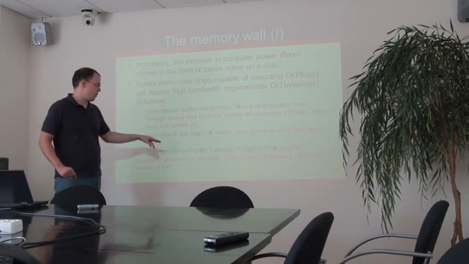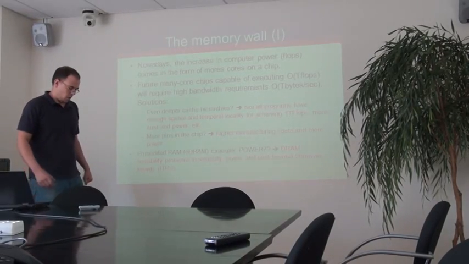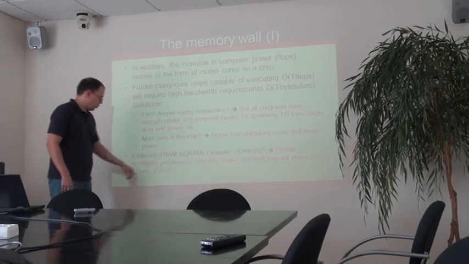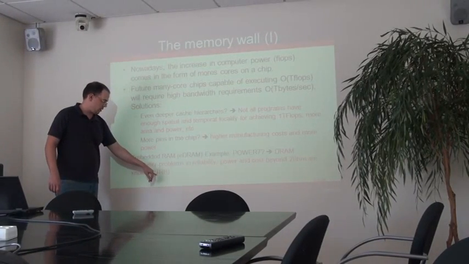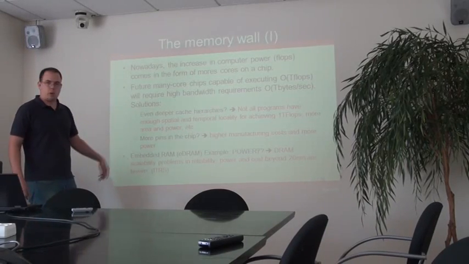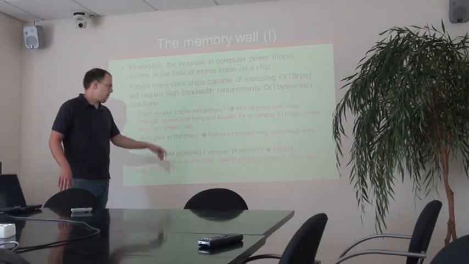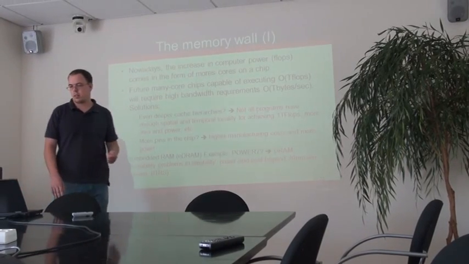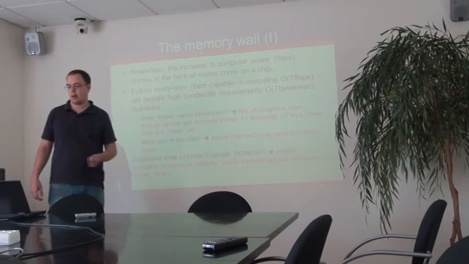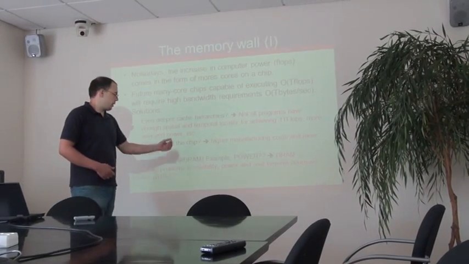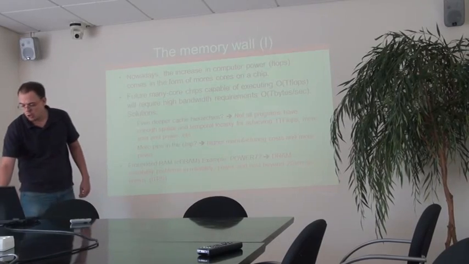This is called embedded RAM or stacked RAM, but according to the International Technology Roadmap for Semiconductors, there are problems in scaling DRAM beyond 20 nanometers. The solutions for DRAM are unknown because of cost, reliability, and power issues.